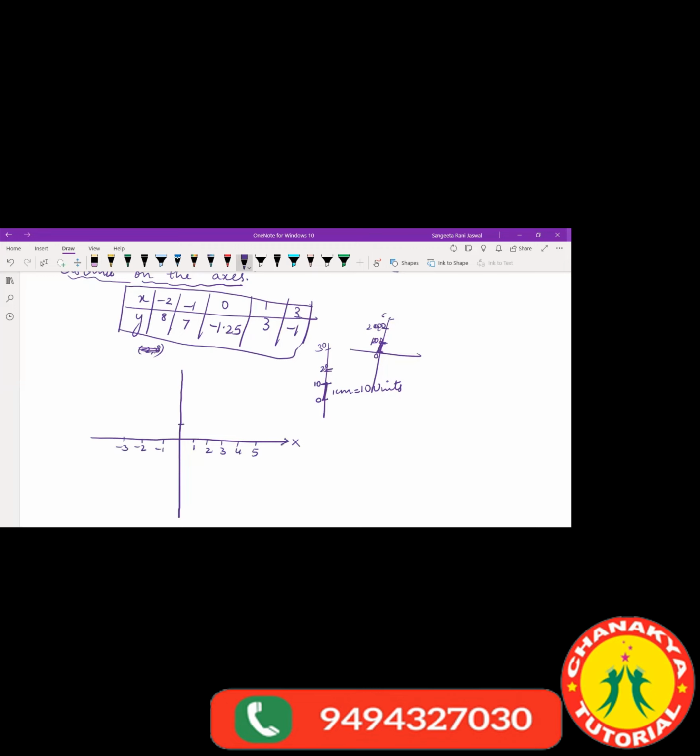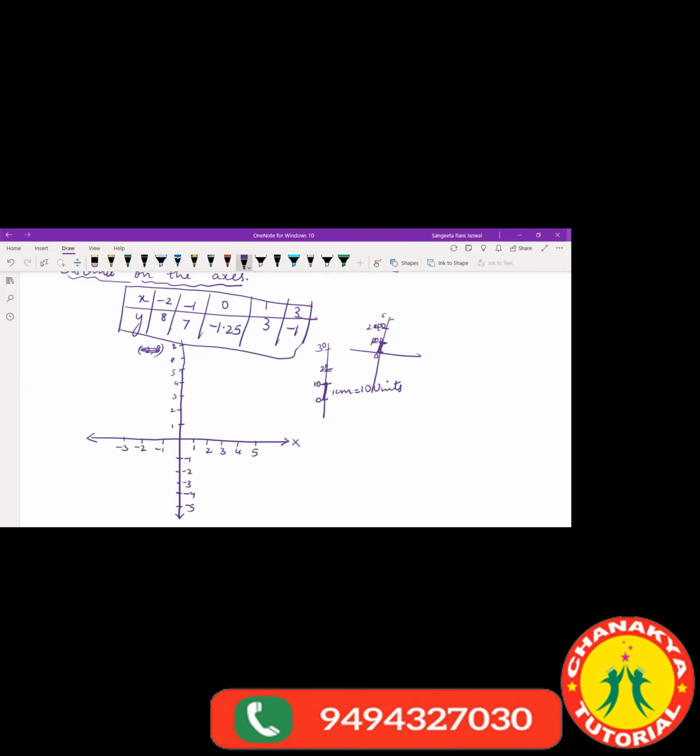Right, here I want numbers for y. My highest number is 8. Okay. 1, 2, 3, 4, 5, 6, 7, 8. मान लो 8 यहाँ. Okay. Just assume 8 is here because अभी वो ऊपर चला गया. Okay. Here now -1, -2, -3, -4, so on. Negative y-axis.